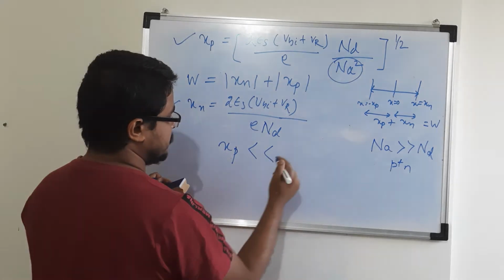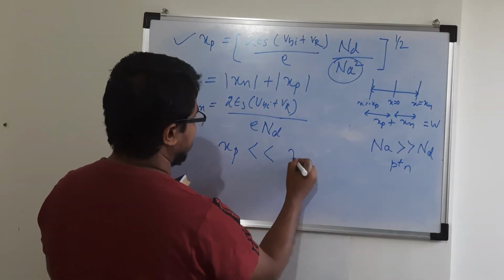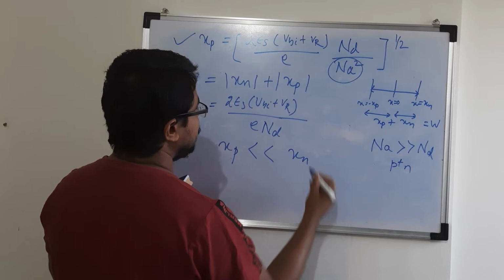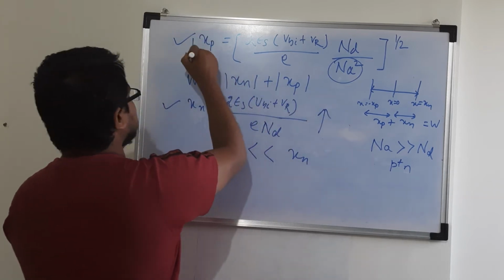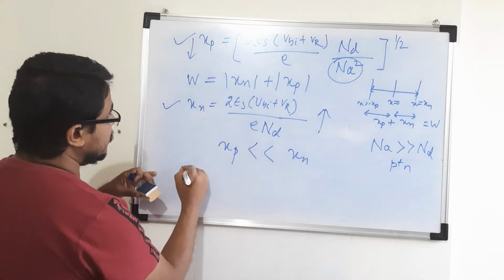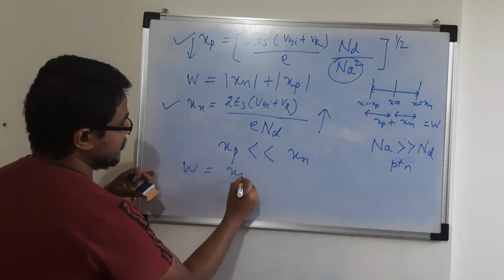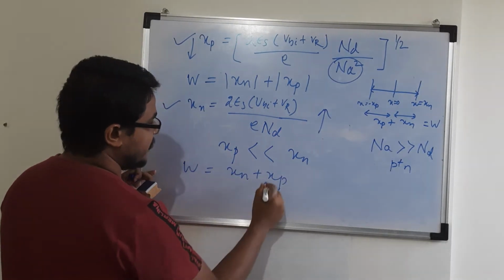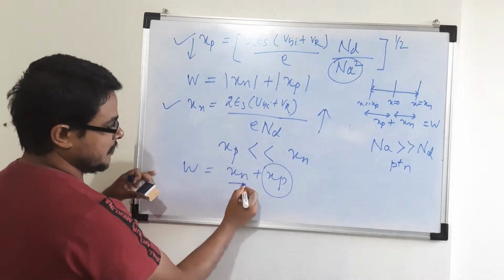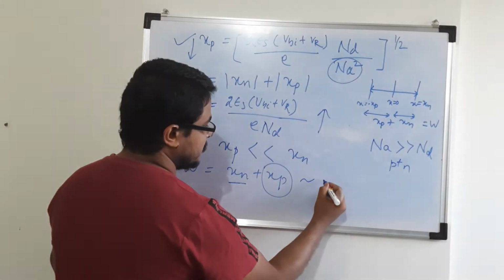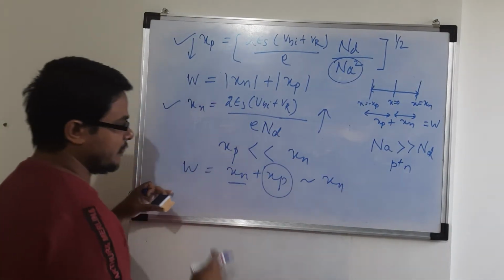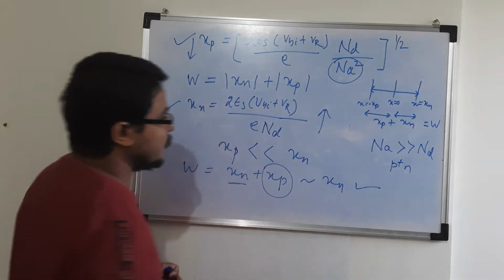So you can write xp is much less than xn. xn is the bigger value, this is the small value. So if I write W is equal to xn plus xp, I can ignore this xp as compared to xn. So we can write this is nearly equal to xn.